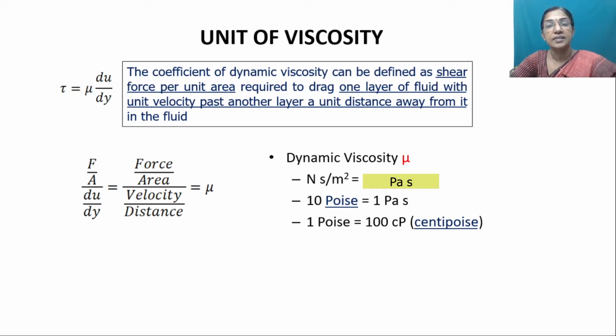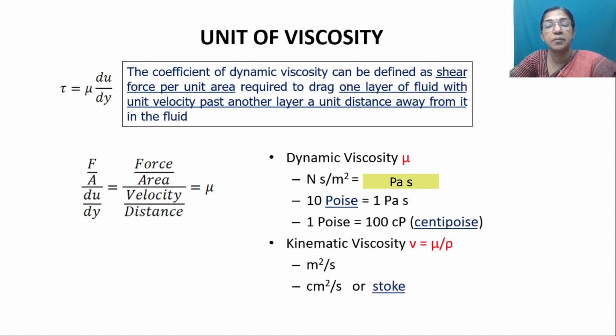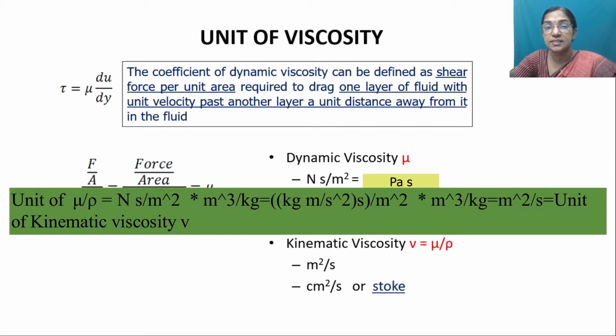In fluid mechanics as well as in heat transfer problems, another common unit that we use is kinematic viscosity. Kinematic viscosity is represented by mu by rho, where mu is the dynamic viscosity and rho is the density. We have to divide Newton second per meter square by kilogram per meter cube.